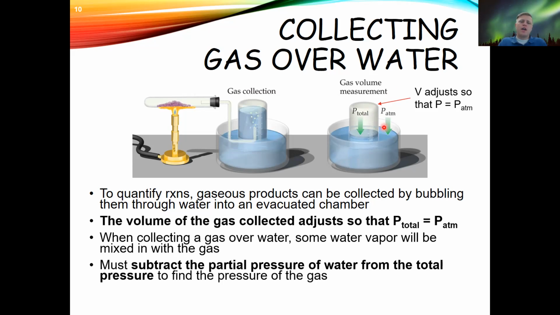So we're going to have to subtract off that partial pressure. And that partial pressure you'll often see listed as a vapor pressure. So vapor pressure of a liquid is always just the partial pressure of that liquid that you'd get in a closed container. So it's the maximum amount of pressure of that liquid that can be turned into a gas.